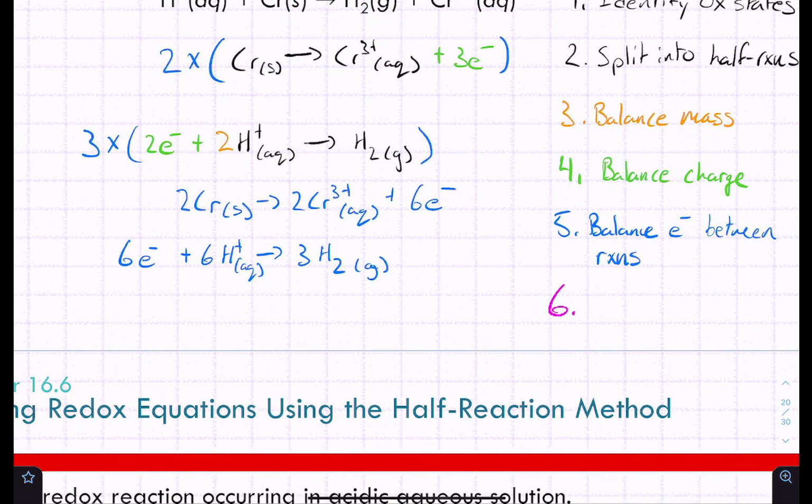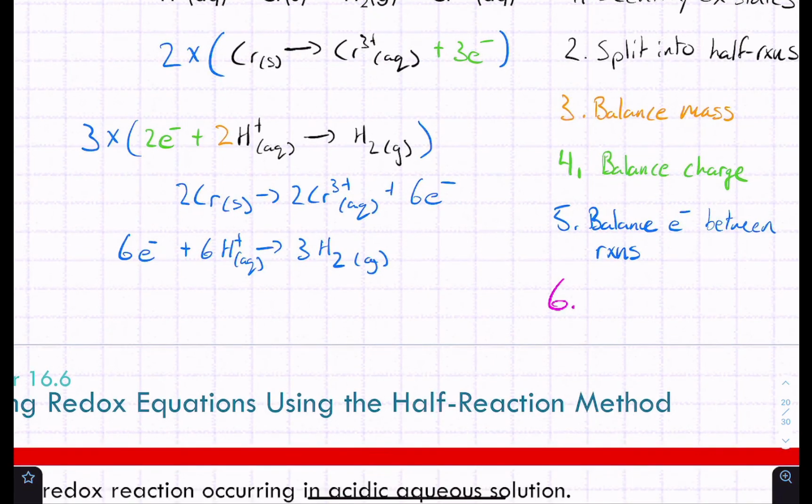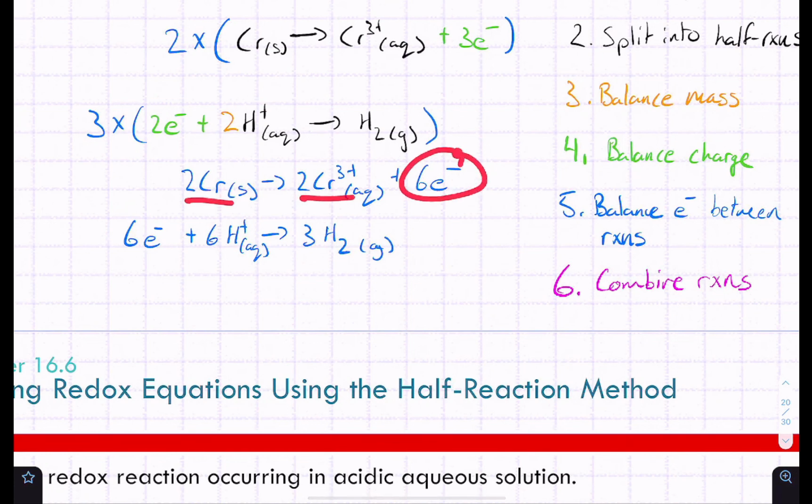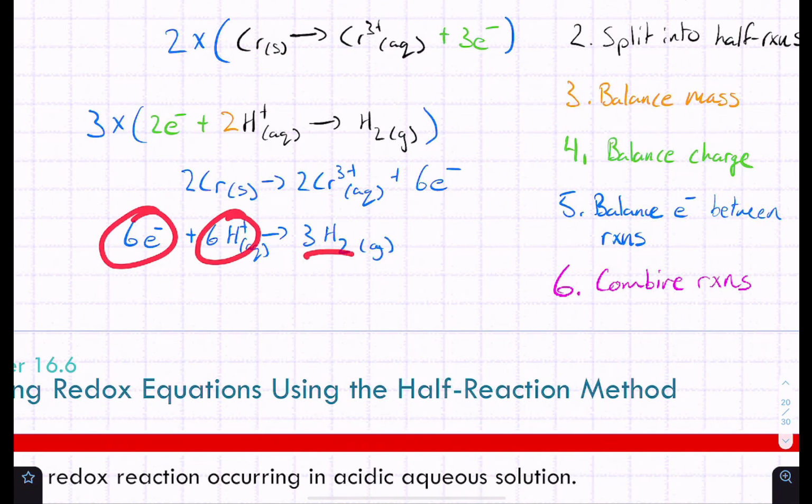So the last step is to combine the 2 reactions together. So take our half reactions and combine them together, because now we have the same number of electrons on either side. This means that 6 electrons came out of the chromium, and those 6 electrons were picked up by the hydrogen to make the 3 H2.